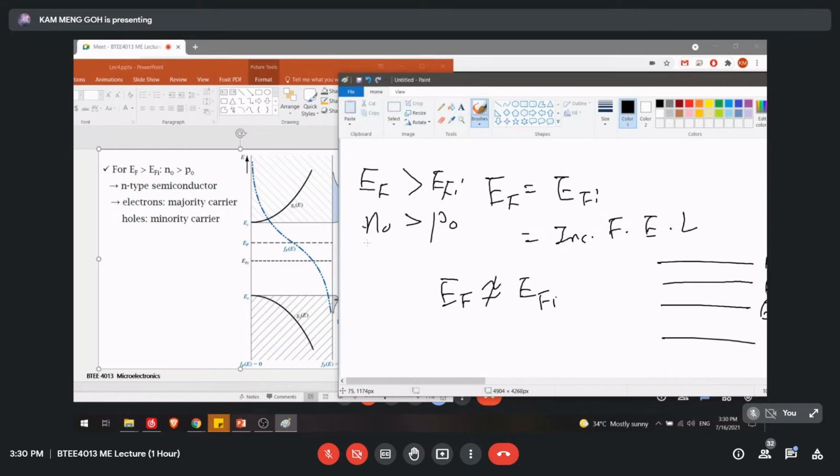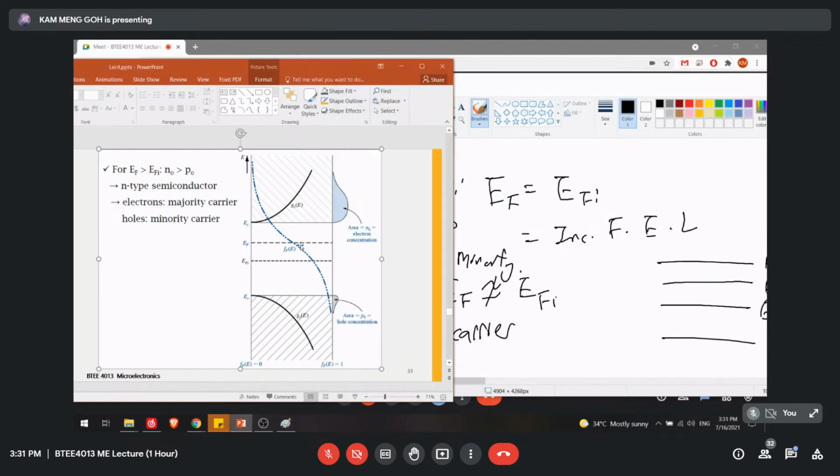Then the n0 will become the majority carrier because n0 is more than p0. This is common sense, right? Then holes will become the minority. And this is the n-type semiconductor.